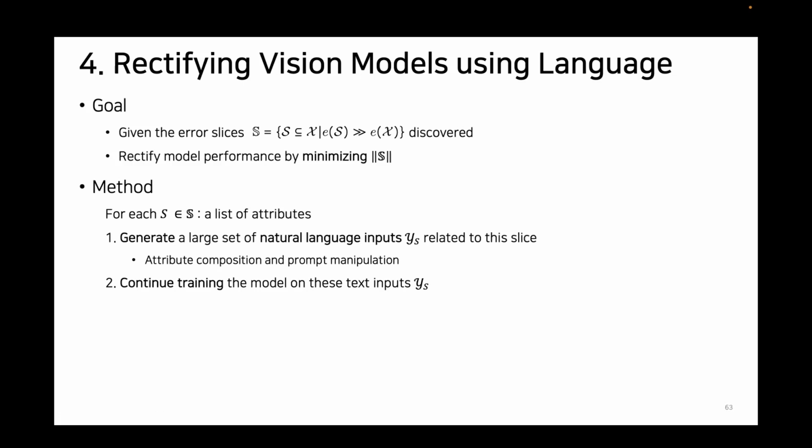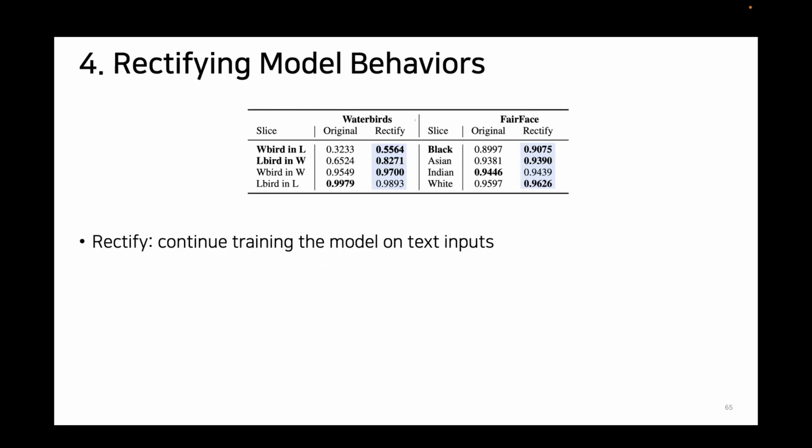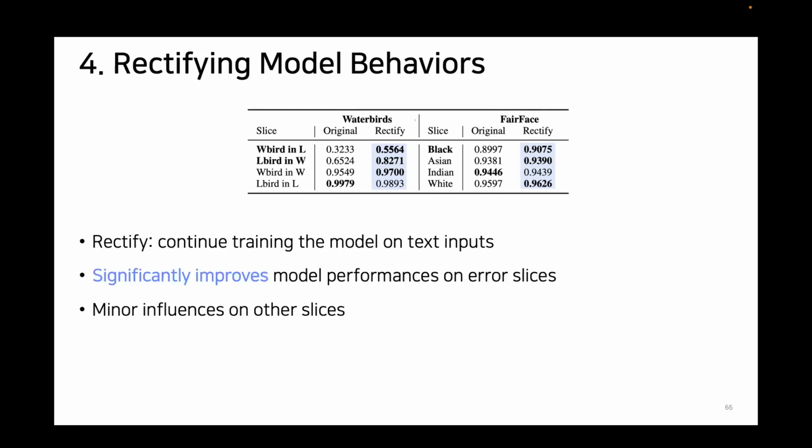It is very simple, but because we use language, we don't need any visual data for rectification. As a result, when we rectify the model, we can achieve significant improvements by a very simple method, but there is minor influence on other slices.